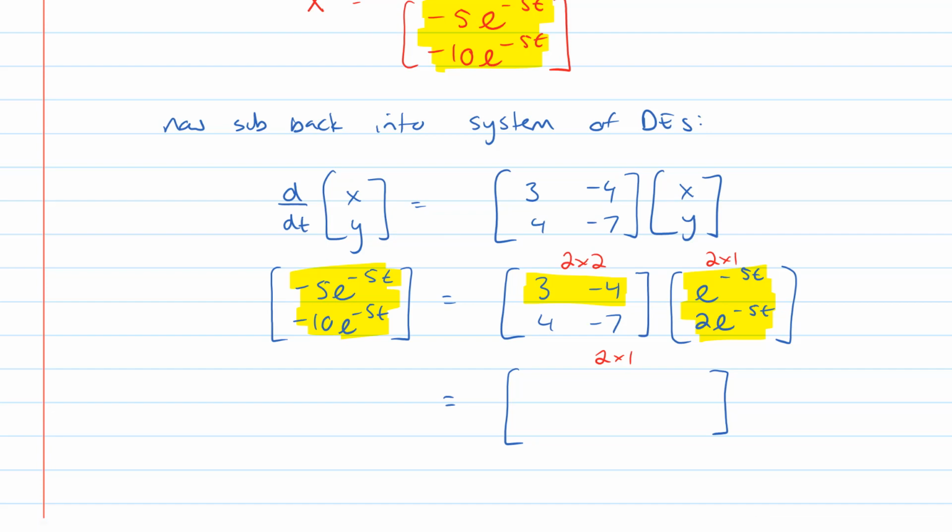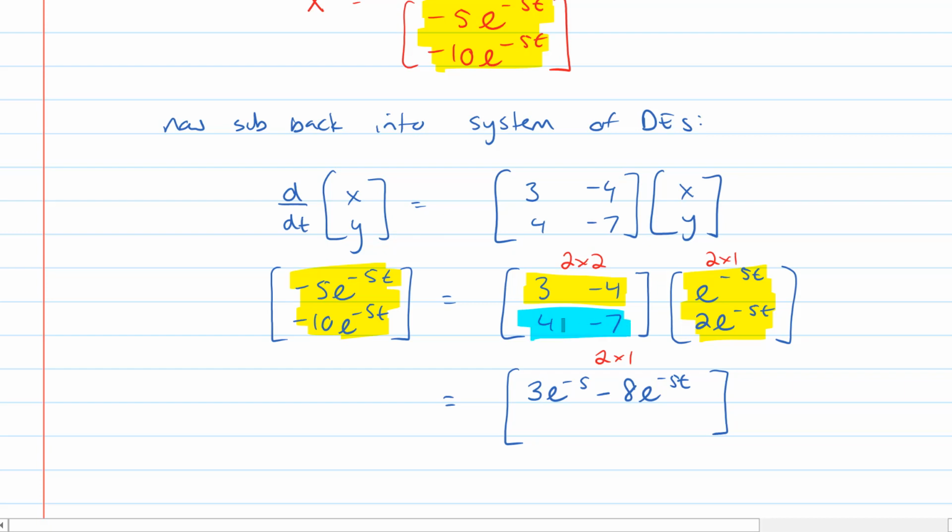We're going to have 3 times e to the negative 5t minus, and then the negative 4 times the 2, that's going to give 8e to the negative 5t. That's just a single entry. And then we're going to have the 4 and the negative 7 multiplying onto that column. And that gives us 4e to the negative 5t minus 14e to the negative 5t.